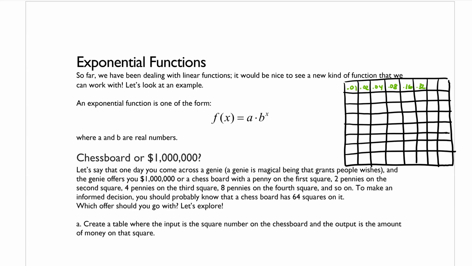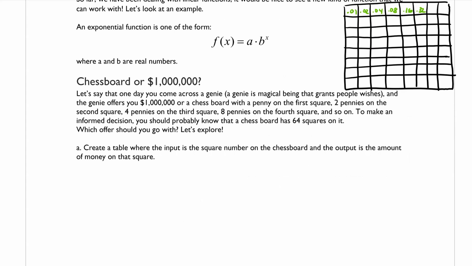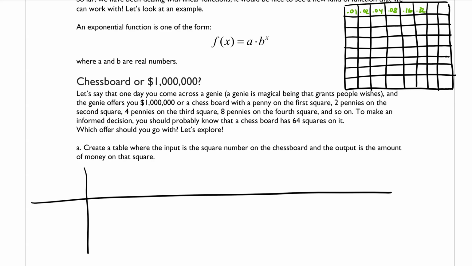So part A says create a table where the input is the square number on the chessboard and the output is the amount of money on that square. So let's go ahead and make an input-output table. The input is the square number on the chessboard.